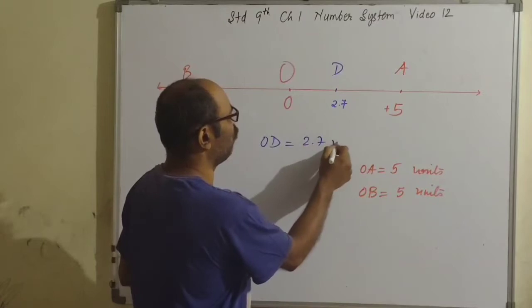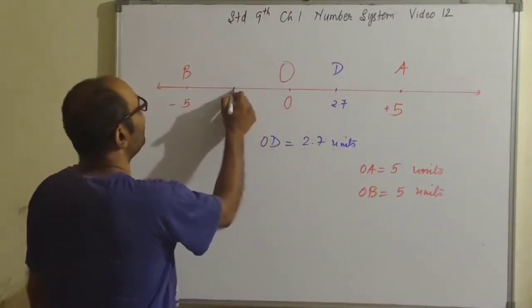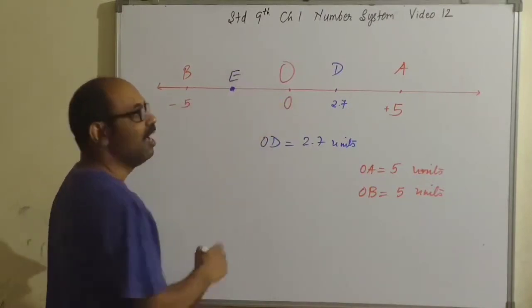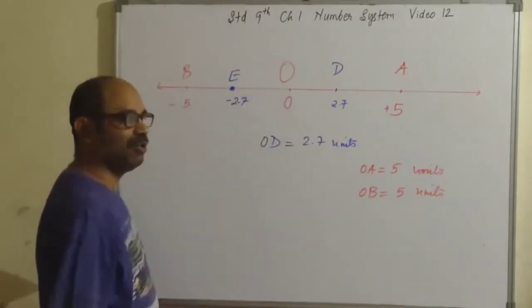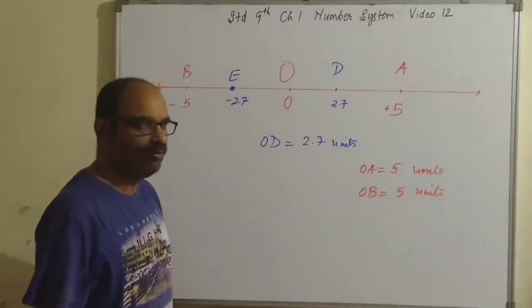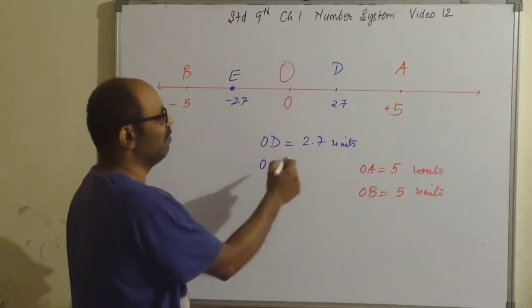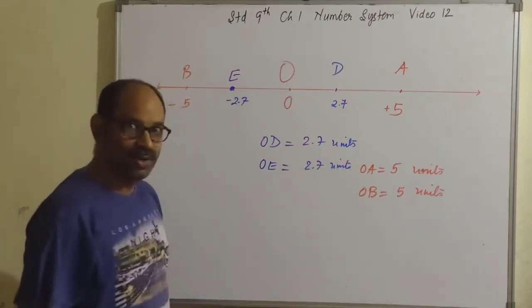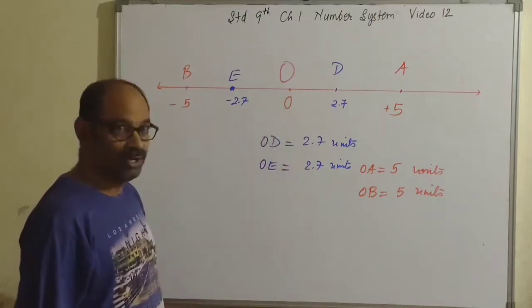So the distance will be 2.7 units. Suppose E is to the left and the number corresponding to E is minus 2.7 because it is on the left of the origin. So it will be negative. Then what is the distance OE? Same number, but it will be positive, 2.7 units. Are you getting me? If we consider origin.